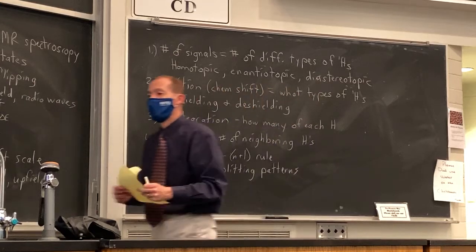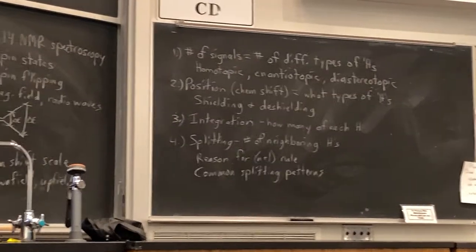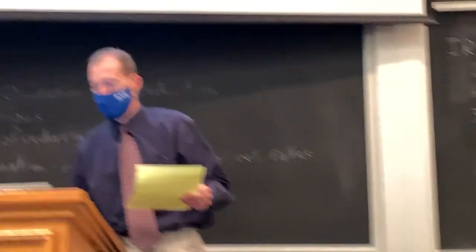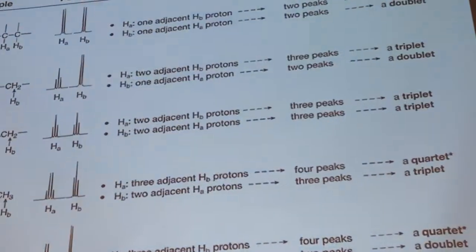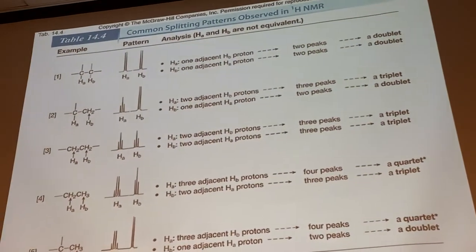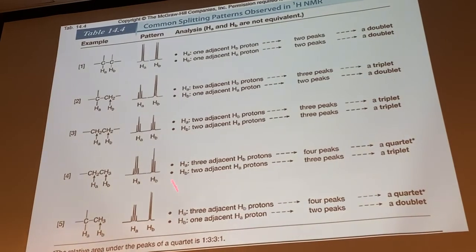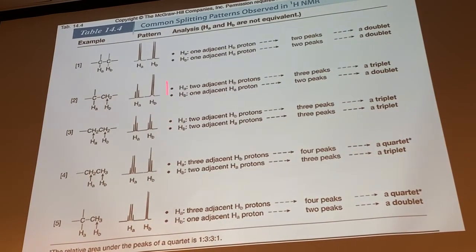We'll come back over here and show you another figure from the book. This one right here, table 14.4, are common splitting patterns that correspond to certain types of subunits in a molecule. And you should definitely not be memorizing these.